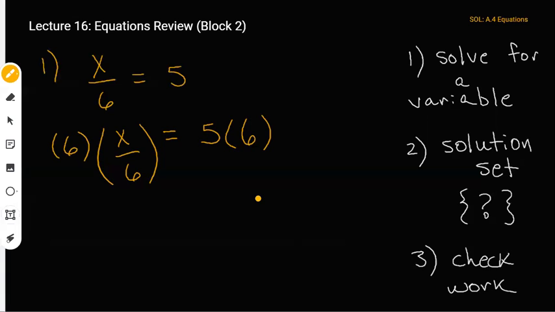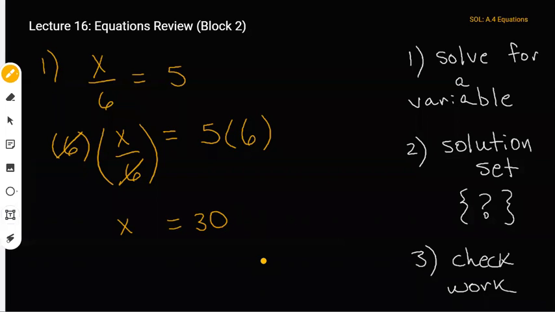That gives 6 divided by 6 on the left side, and those 6's are going to cancel out. Then I'm only left with an x on the left side. On the right side, we have 5 times 6, and that's going to give us 30. So I get x is equal to 30. That's going to be my answer.